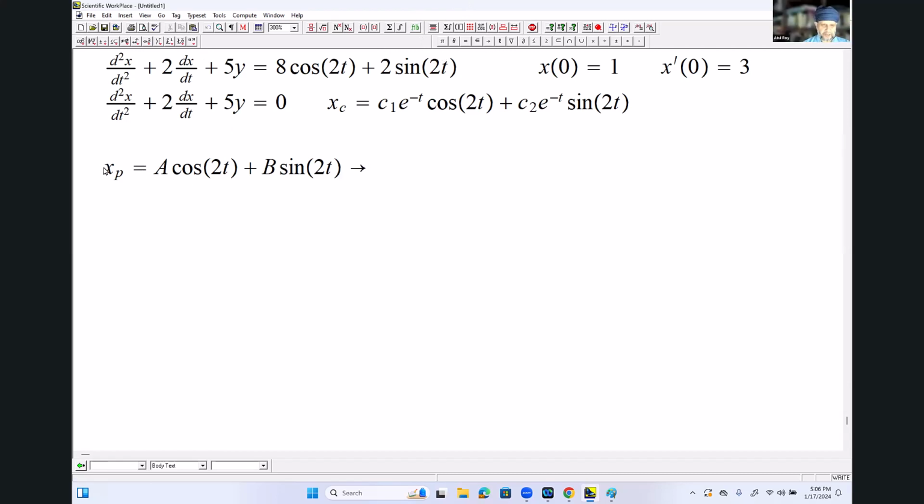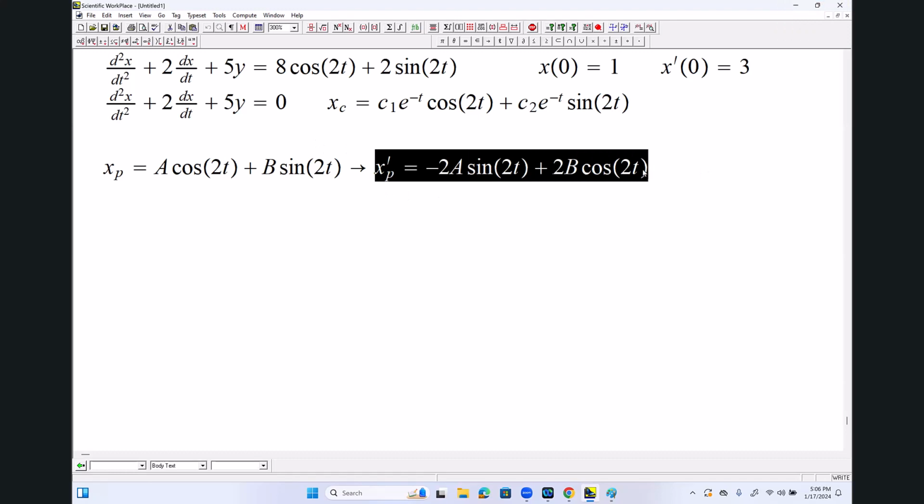So here we will write the xp prime, right? That's a -2, and this will be sine. This will be +2, and this will become cosine, right?